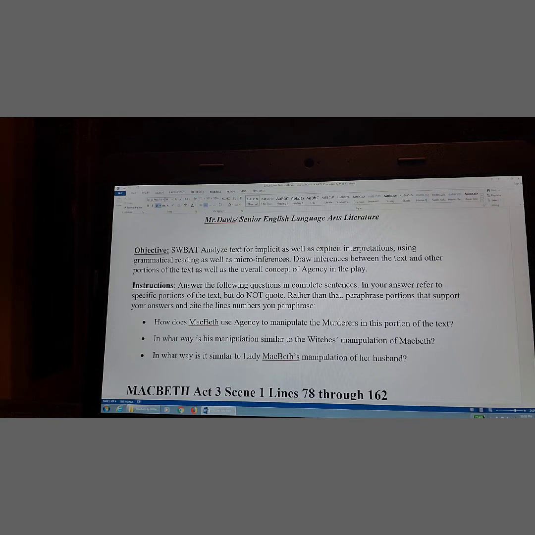So again, agency being the subject of agency and the object of agency. The subject of agency being this idea that you are in charge of your destiny. You are in charge of how you are being identified by the world. You are in charge of how the world sees you and how you see the world. And in some cases, being the subject of agency also means you're in charge of how the world sees itself, right?